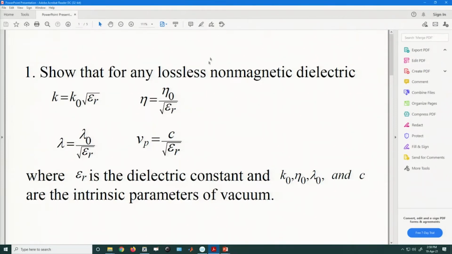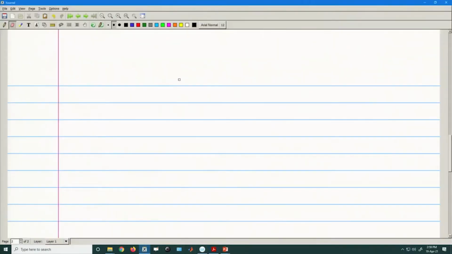So let us start solving it. Fine. So to start with, we know that k is given by root under minus of z cap and y cap, where k is the wave number, and z and y are the impedivity and admittivity of the medium respectively.